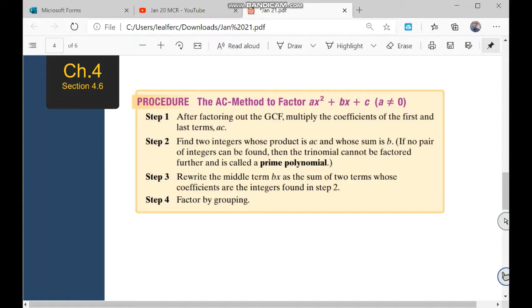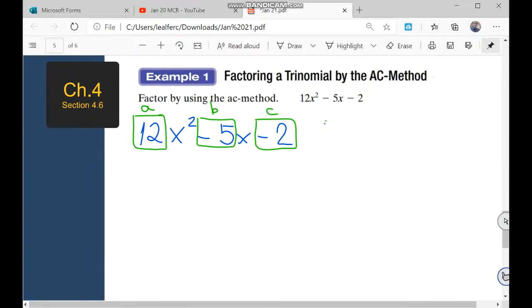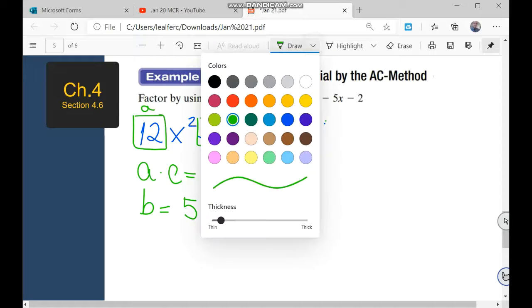Find two integers whose product is AC and whose sum is B. A times C is 12 times negative 2, negative 24. And B is negative 5. We need to find two numbers whose product is negative 24, and if you add these two numbers, you're going to find negative 5.